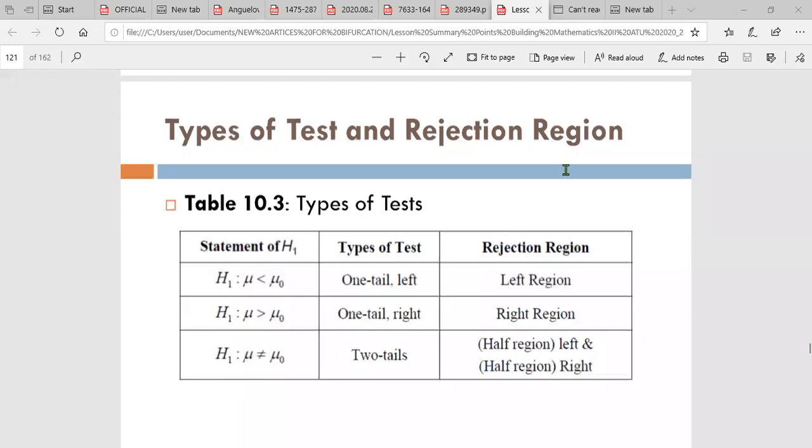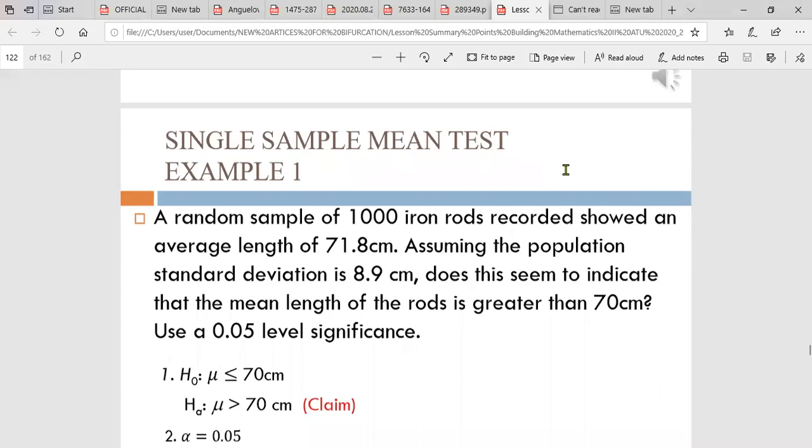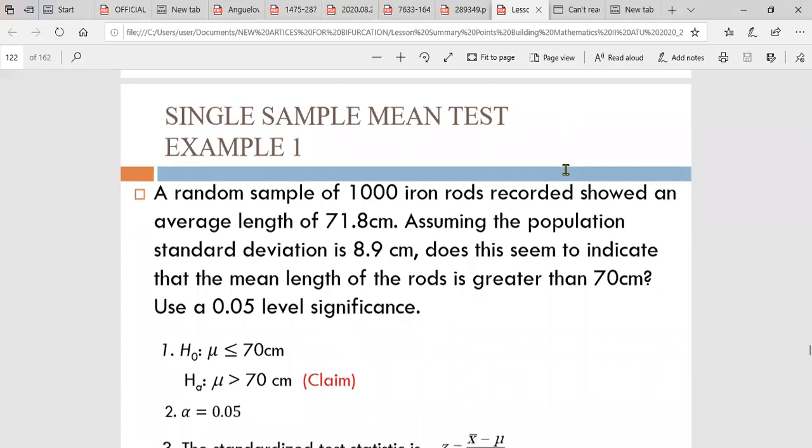So let's take our first example. The first example says: a random sample of 1,000 iron rods recorded showed that the average length is 71.8 centimeters. Okay, good.